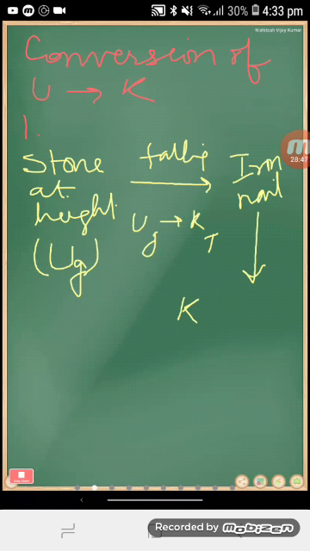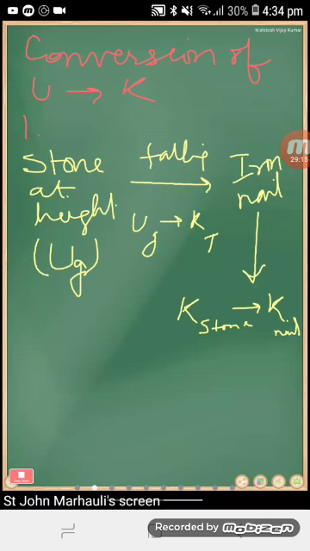The kinetic energy of the stone is received by the nail, and as a result this nail starts moving inside the block. That is how the potential energy of the stone at a certain height gets converted into the kinetic energy of the stone, which is imparted to the iron nail, and the nail gains kinetic energy and goes inside the block.